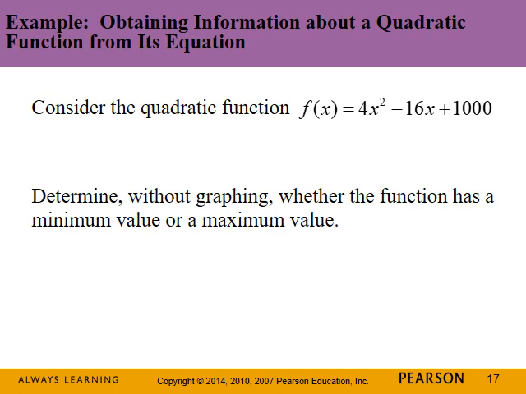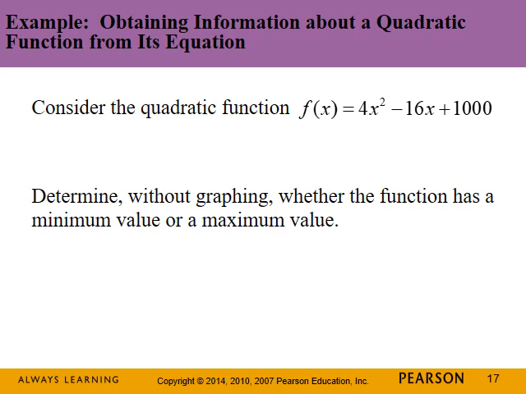So let's look at an example. Obtaining information about a quadratic function from its equation. We're considering this function f of x equals 4x squared minus 16x plus 1000. It says determine without graphing whether the function has a minimum or maximum value.